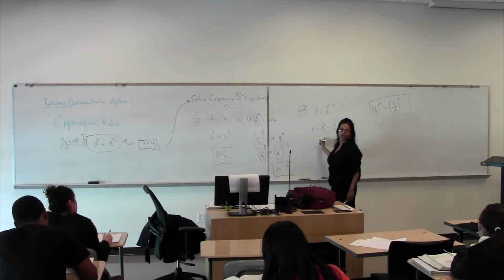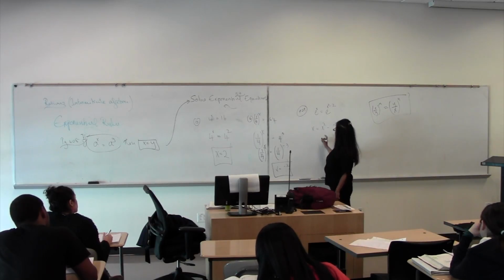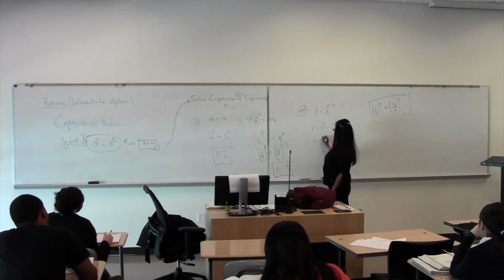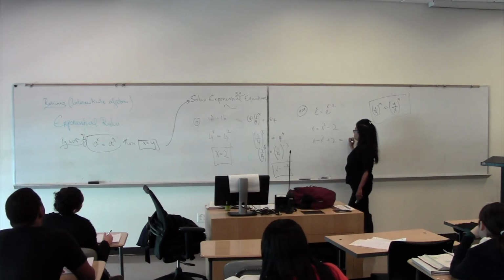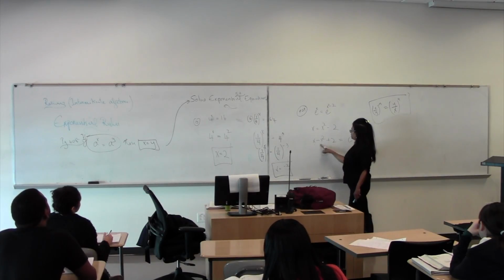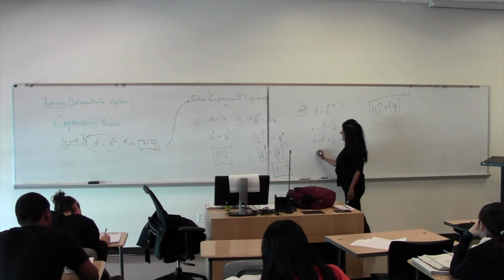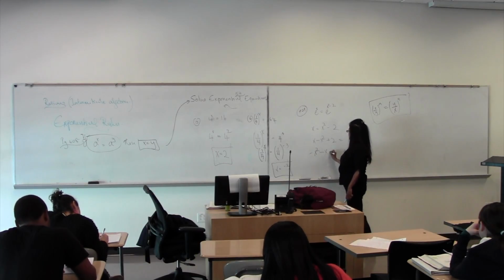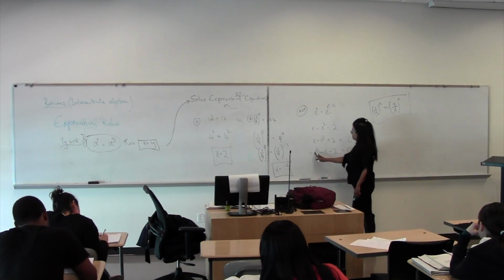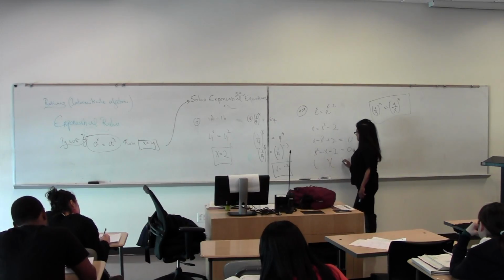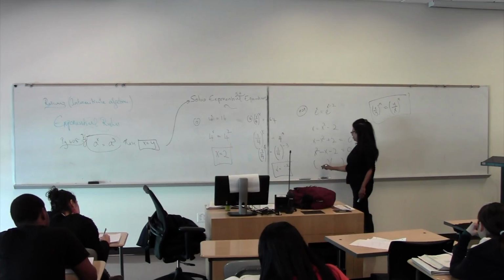Do we know how to solve this? Yes, how do we solve this? x minus x squared plus 2 is equal to 0. Multiply everything by negative, so this is going to be x squared minus x minus 2 equal to 0. Can you factor this?